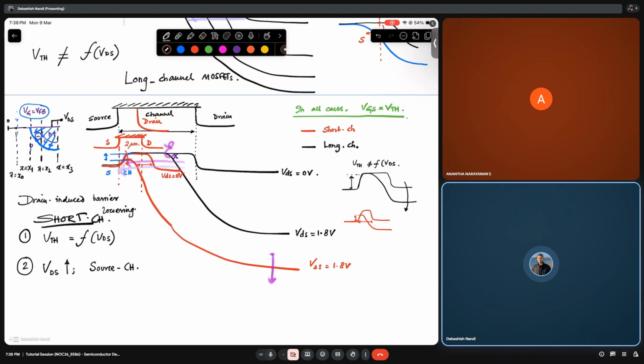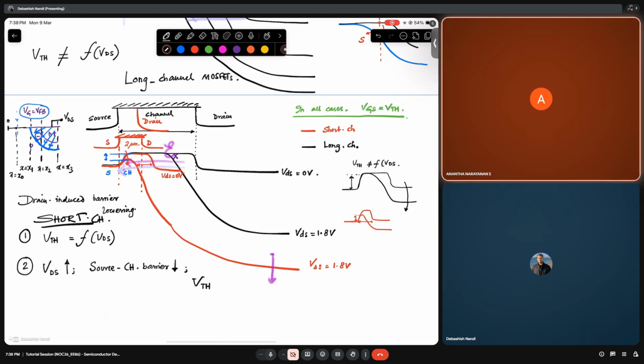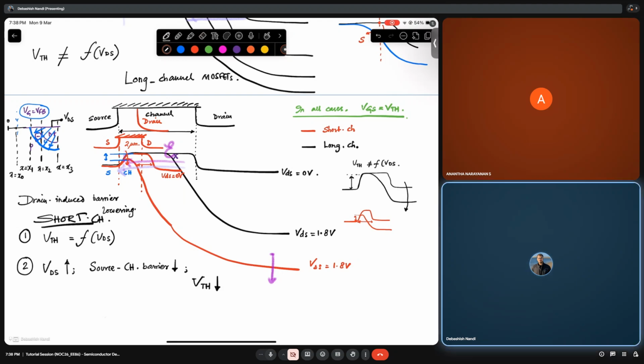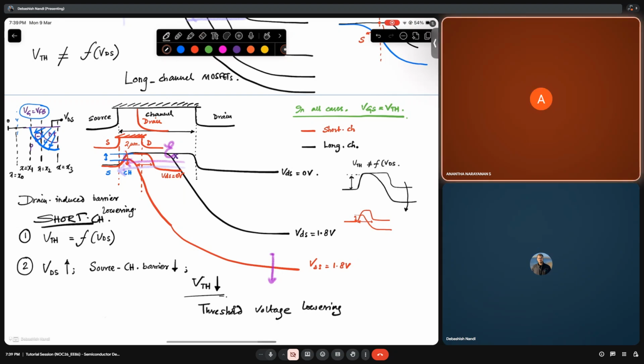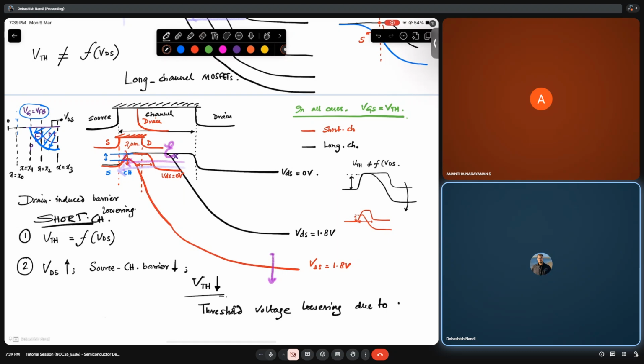If VDS increases, the source channel barrier reduces. What will that mean to threshold voltage? Threshold voltage will decrease, right? Yes, sir. So this is threshold voltage lowering due to DIBL.